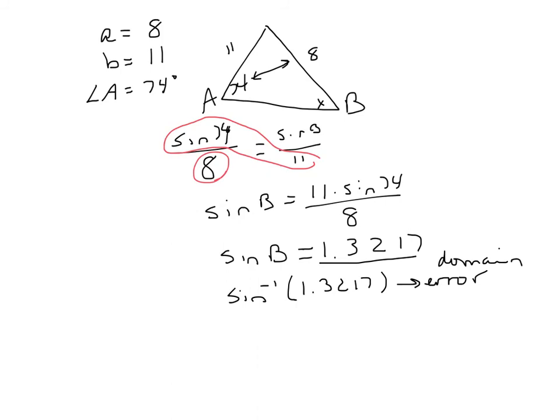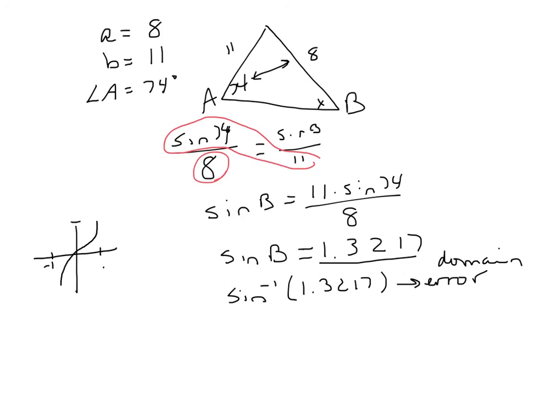And when you look at the inverse sine function, remember the domain is from -1 to +1. If I can refresh your memory what that looks like over here, it's going to be kind of like that, except this goes from -1 to +1.